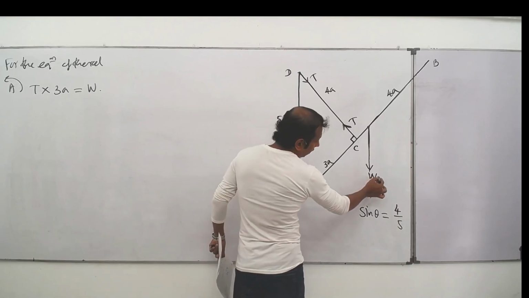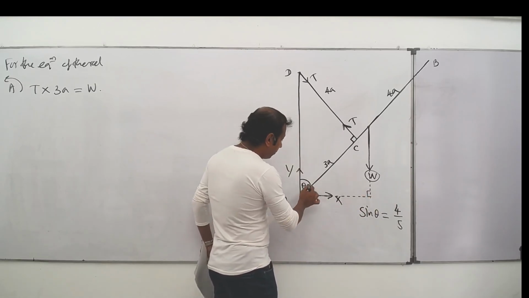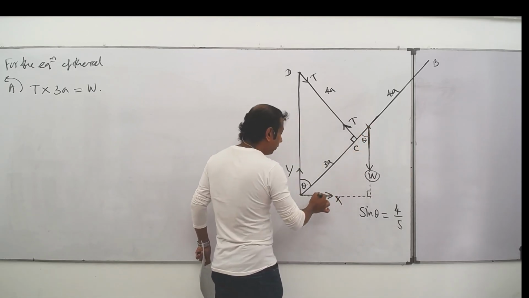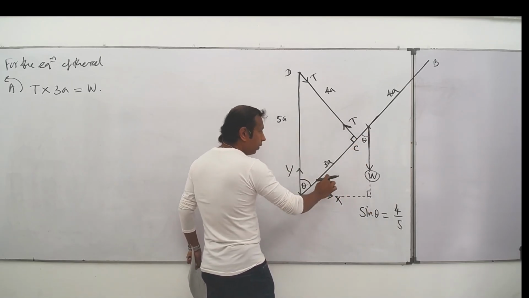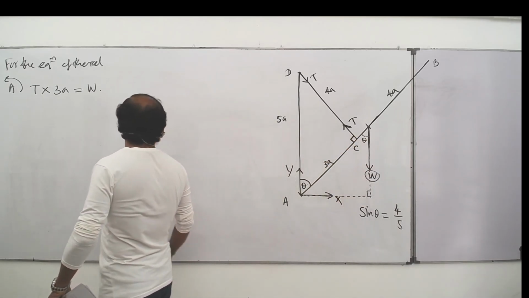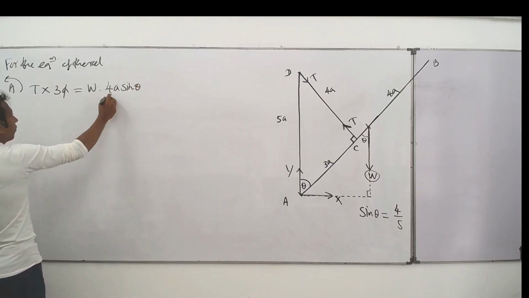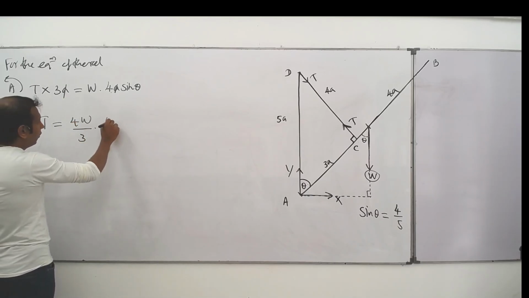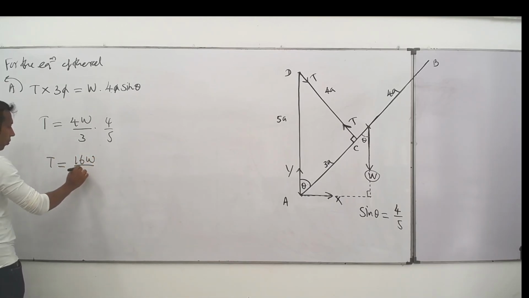Therefore, to take the moment of this W, the required perpendicular distance is this. If this is theta, this is also theta. The length from here to here is 4A. Its opposite side is the required perpendicular distance. It is therefore 4A sin theta. W into 4A sin theta. A and A you can cancel down. T equals 4W, bring this 3 here, sin theta we found 4 over 5. Then we get T equals 16W over 15.